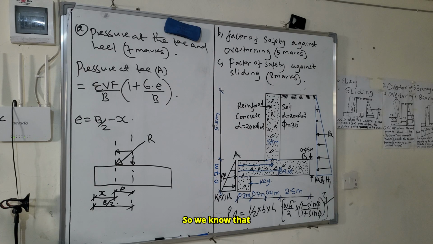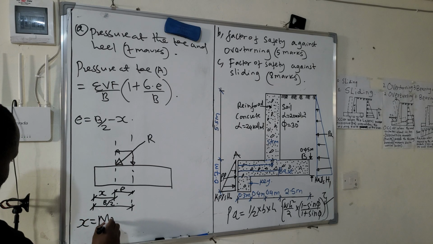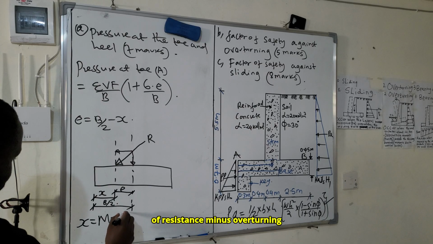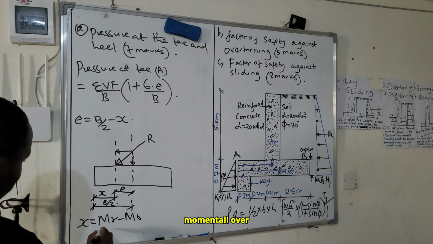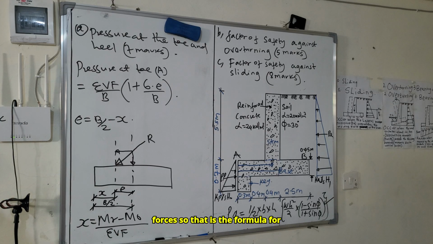So we know that X is given by moment of resistance minus overturning moment all over summation of vertical forces.